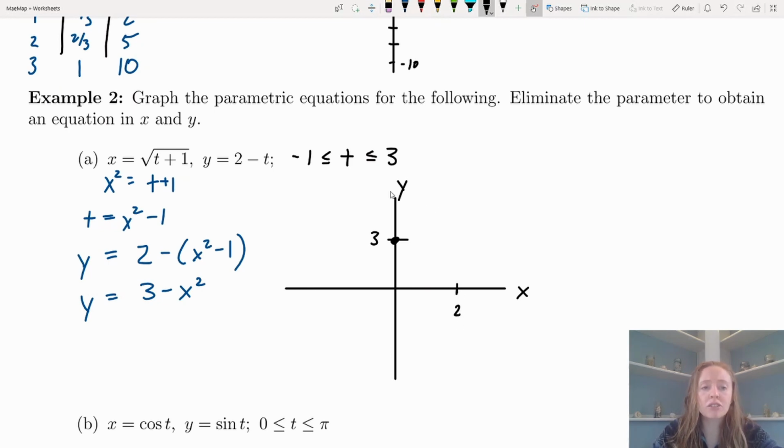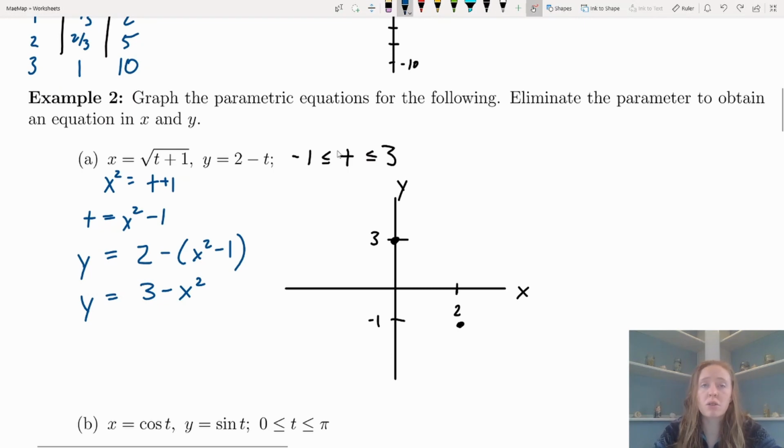However, I don't know what that y value is exactly right off the top of my head, so there's two ways to figure it out. We can either plug 3 in for t, which we get 2 minus 3, which is going to be -1, or I could have plugged that value of 2 that I already solved for in my x into my y equals 3 minus x squared equation. 3 minus 2 squared would be 3 minus 4, which is indeed that -1.